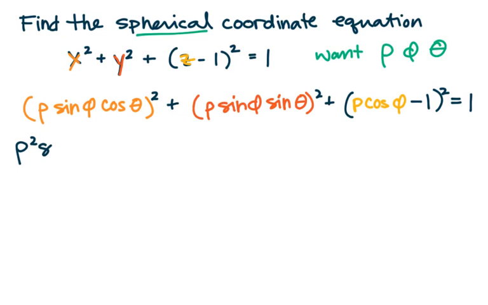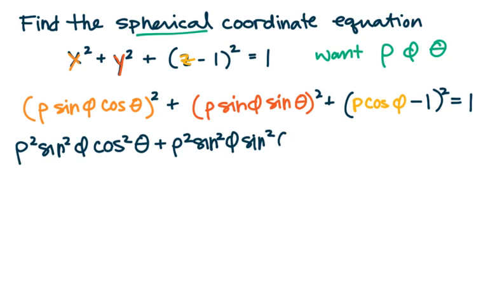Simplifying, I've got rho squared sine squared phi cosine squared theta plus rho squared sine squared phi sine squared theta. Foiling the third term, we have rho squared cosine squared phi minus 2 rho cosine phi plus 1 equals 1.